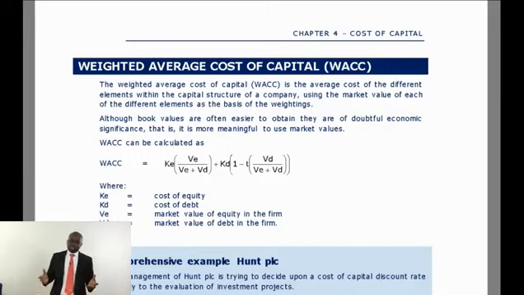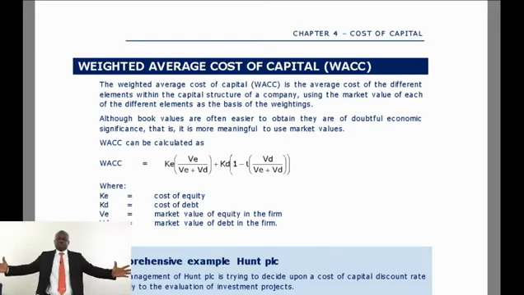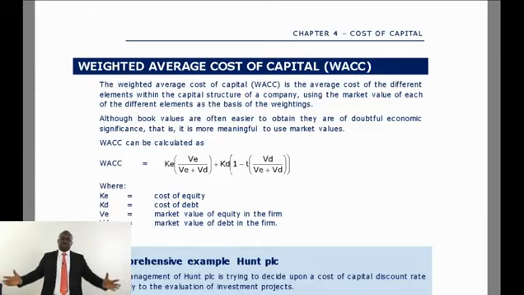So I tell students, if you tell me to calculate normal WACC like this, at this point, my answer will be WACC should be the weighted average of all the sources of finance the company has raised money from, their costs and their market values. So for each of the sources of finance the company has raised money from, I will calculate their costs and I'll calculate their market values.